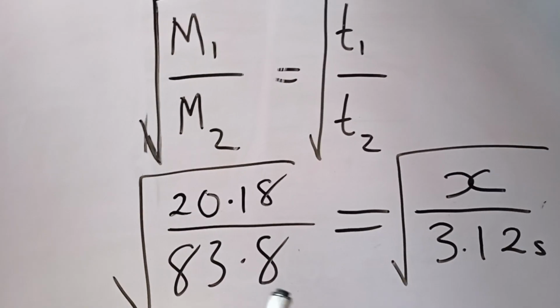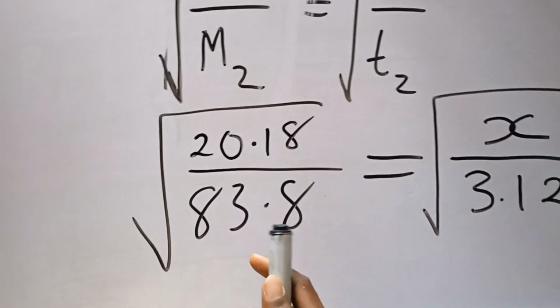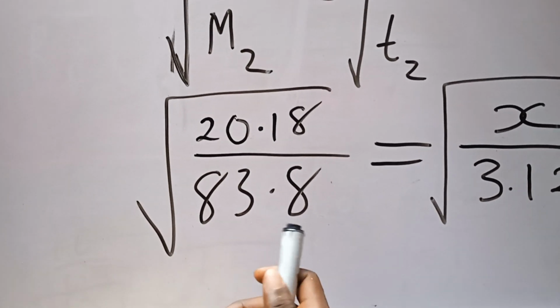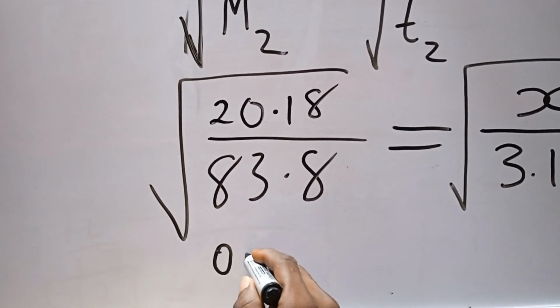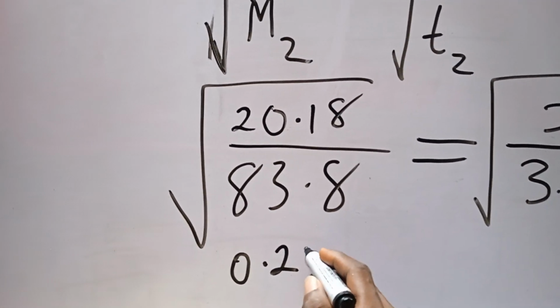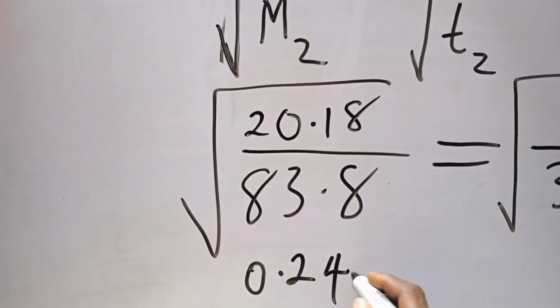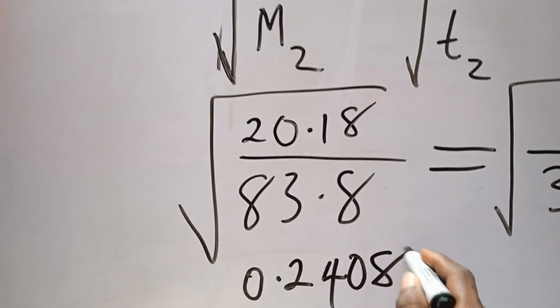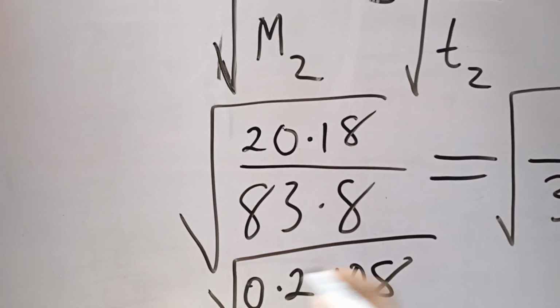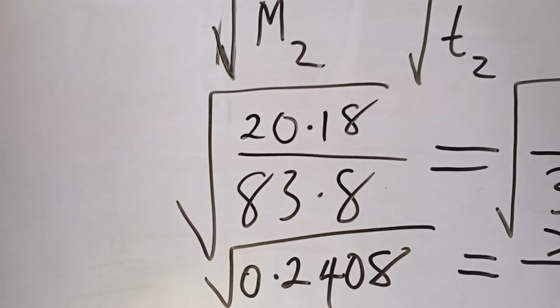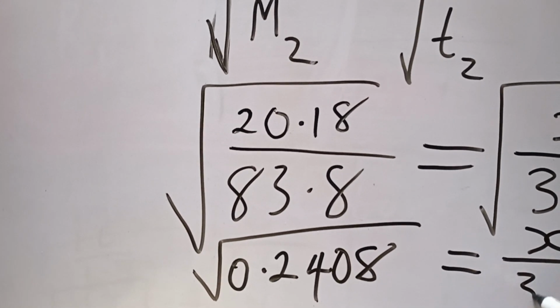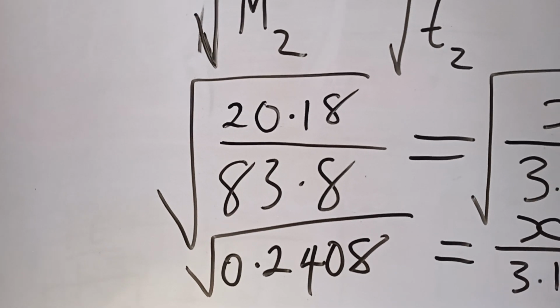So when you do 20.18 divided by 83.8, you're going to have 0.2408. Take the square root, you're going to have x all over 3.12.